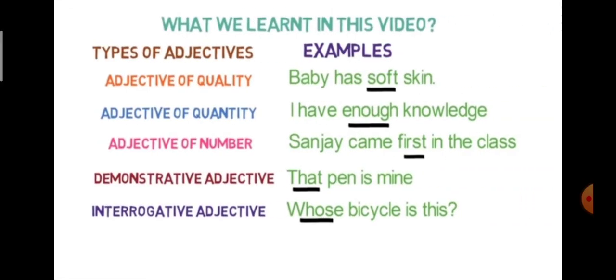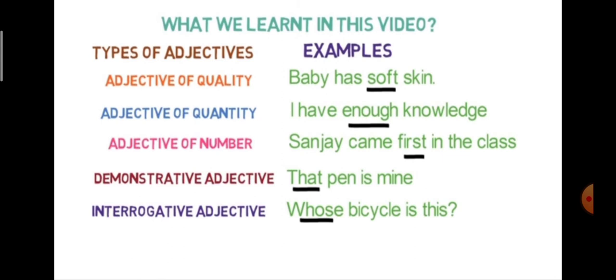Next kind is interrogative adjective. When a question is asked and the word starts with a WH word to describe a noun or pronoun, like whose cycle is this? Cycle is a noun and I'm asking whose cycle is this? So it's interrogative adjective. So this was all about the kinds of adjective we learned.